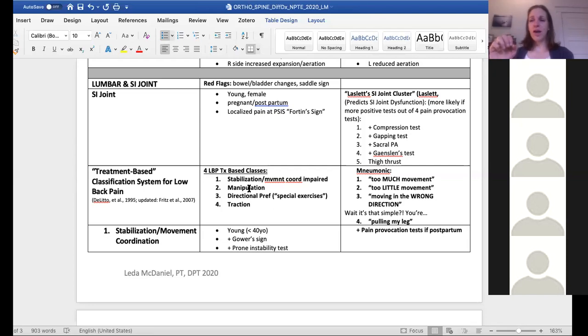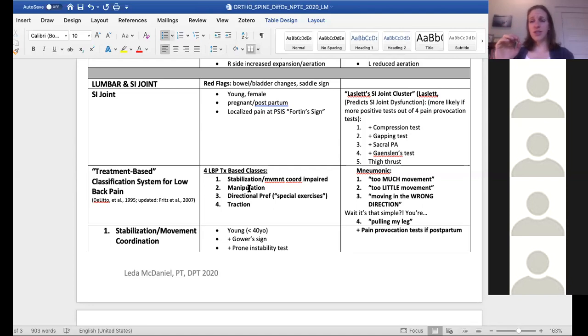So again, what I would guide you to try to frame your thinking based off of is how your patient's responding to the treatments that you are applying, and then also looking at the cumulative summary of your clinical exam and your clinical testing.